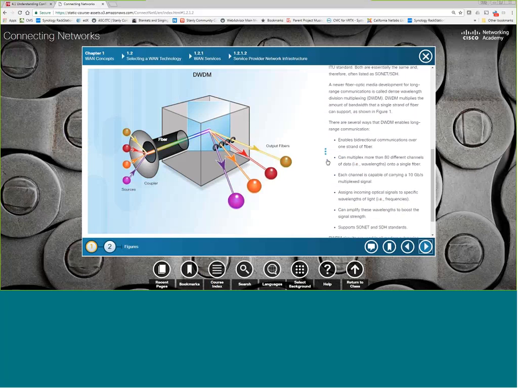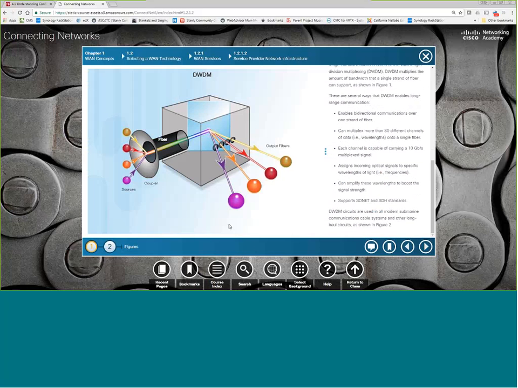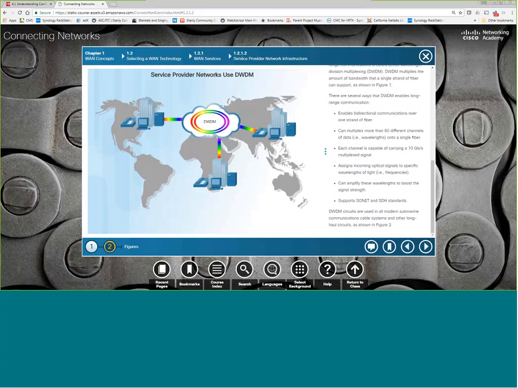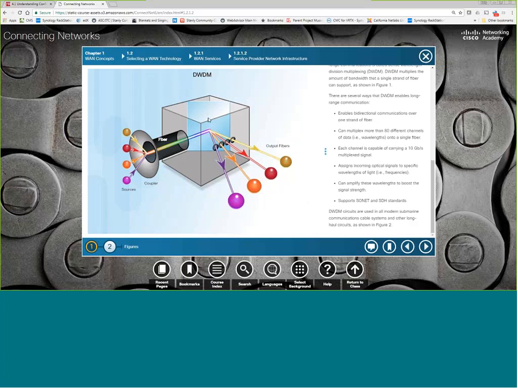This is what is used when you're connecting to SONET or SDH. In other words, this is what's used across the large fibers laid under the sea that connect continents. Okay, we use DWDM over SONET or SDH.